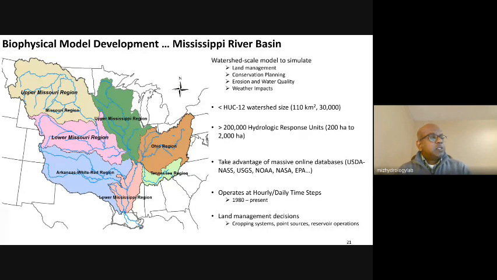The analysis is done at daily and hourly time steps so that we can understand the very detailed changes that are happening in the landscape, and the assessment is done on a decadal scale from 1980 to present.